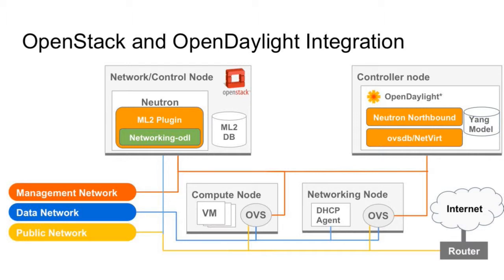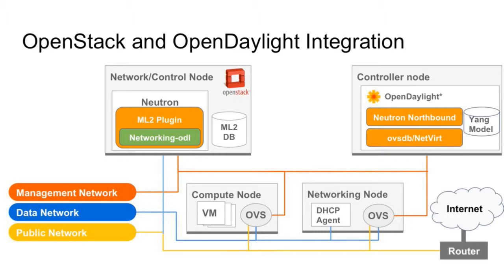Actually, networking-odl's role is to keep two states, Neutron state and OpenDaylight state, in sync. And generally, making two states sync in a distributed environment is quite a difficult task.